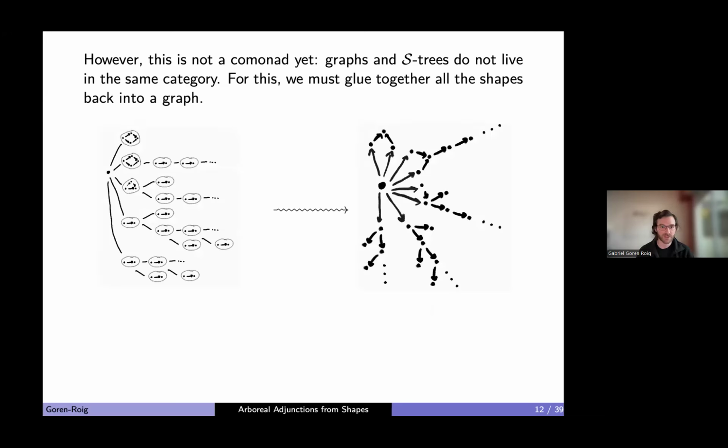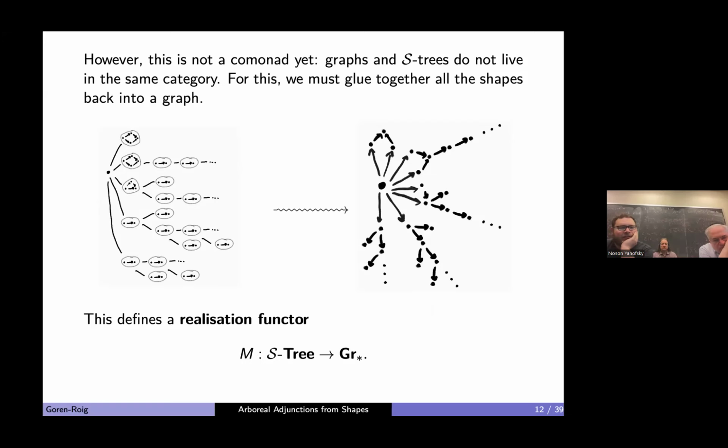And of course, there is a natural notion of how to glue them, which is by identifying the consecutive sources and targets of the shapes. So you do end up getting something of the same kind as you started with. And this will define a realization functor, or we will call it realization, mapping any shape-labeled tree to a pointed graph, which is pointed in the same sense that the tree had a distinguished root, which will end up being the distinguished point of the graph.